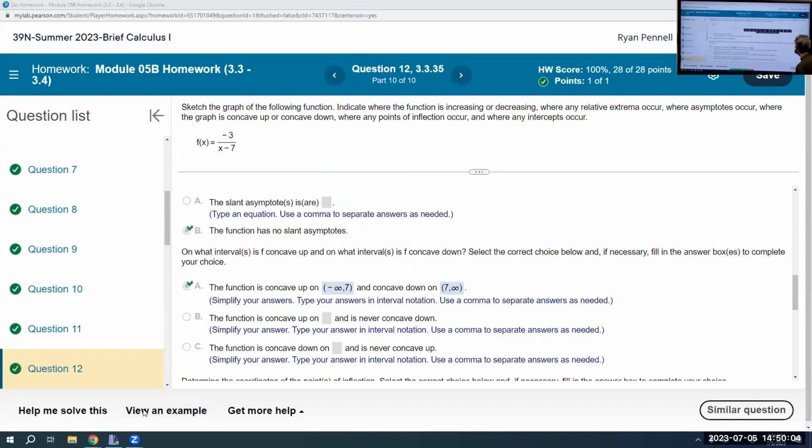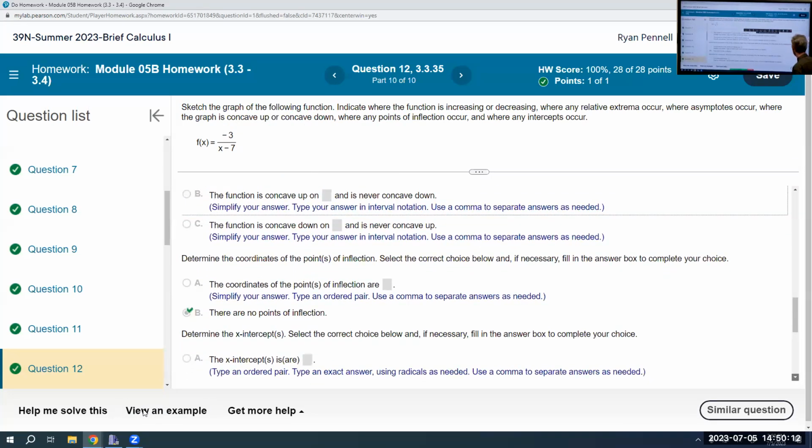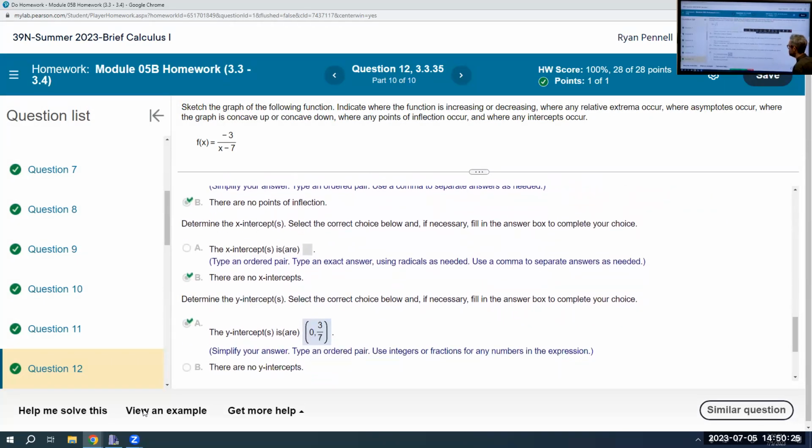And is that some more questions? Determine the coordinates of the inflection point. It doesn't have an inflection point. We talked about that. Determine the x-intercepts. Well, it's asymptotic to y equals 0, so it will never have an x-intercept. And what are the y-intercepts? That's pretty easy to do, so let's do that.